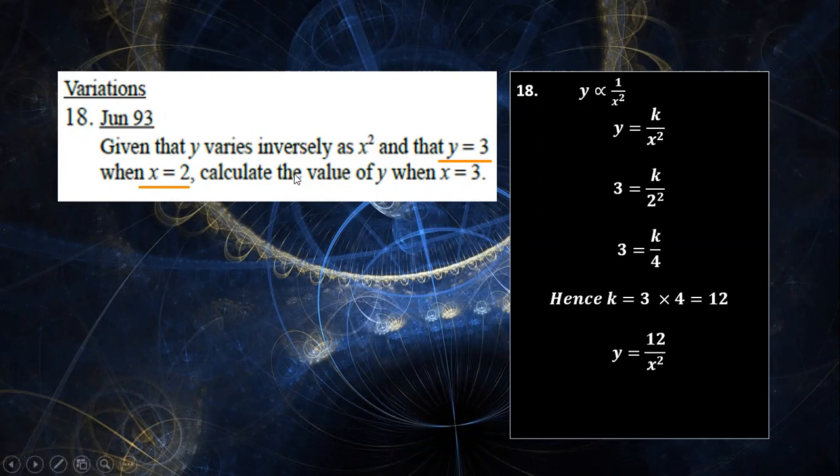It says calculate the value of y when x equals 3. So I'm going to replace x with 3 and calculate what y is going to be. Y is equal to 12 over 3 squared, which is equal to 12 over 9, which is 1 and 1/3. Any questions there? Go ahead and put them in the comments below if you have any questions.